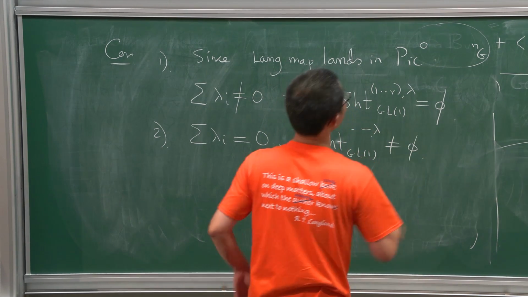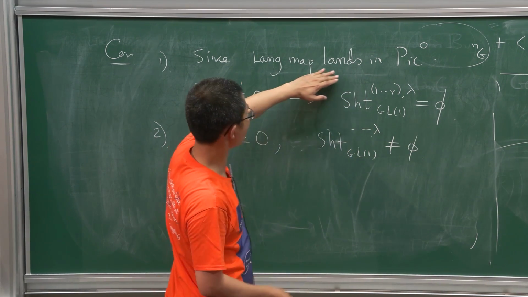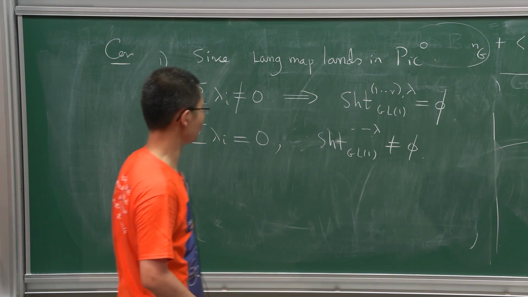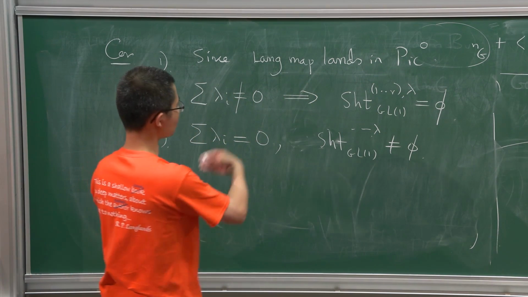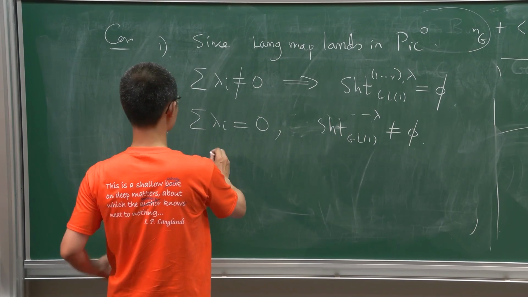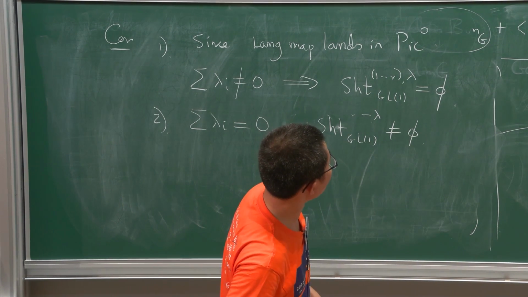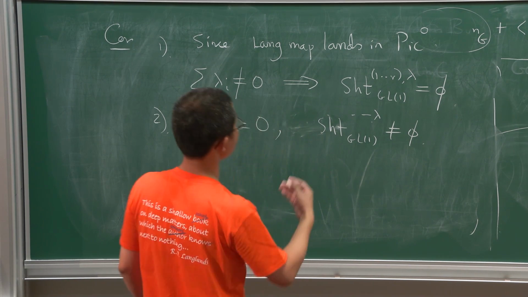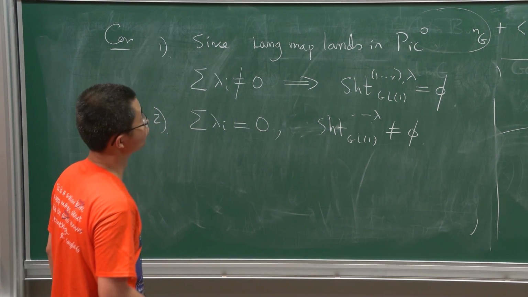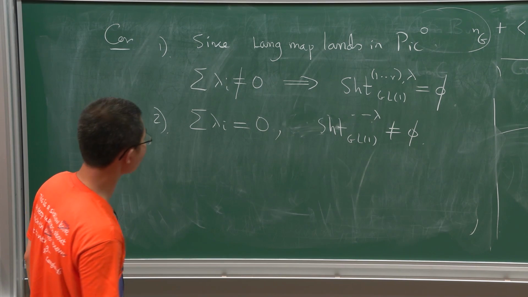It's non-empty because the Lang isogeny actually surjects onto Pic 0. And more precisely, the Lang isogeny is a finite étale cover, a universal abelian cover of Picard.